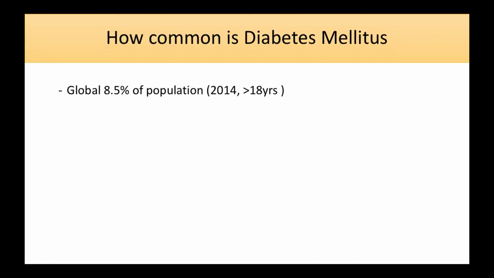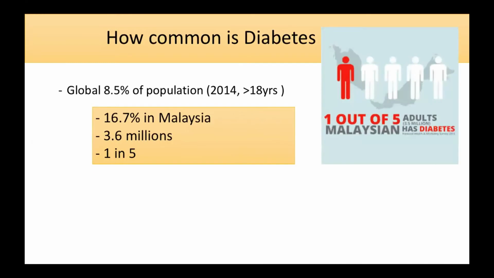But let's look at Malaysia. It's about 16.7% in Malaysia, according to data for people who are more than 18 years old. And if you do a short calculation, it's equivalent to about 3.6 million of our population having diabetes, which is not a small population.